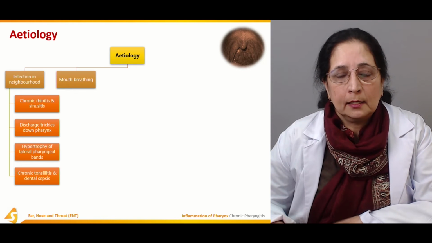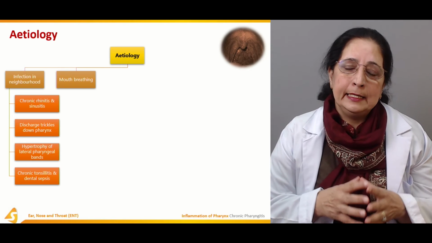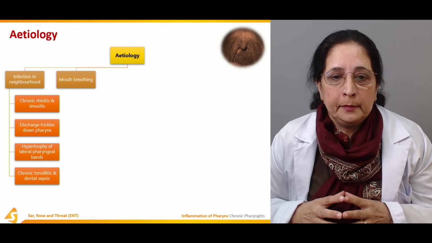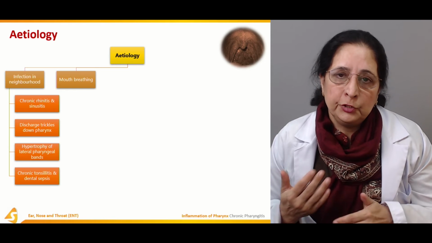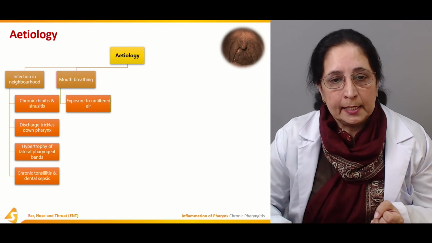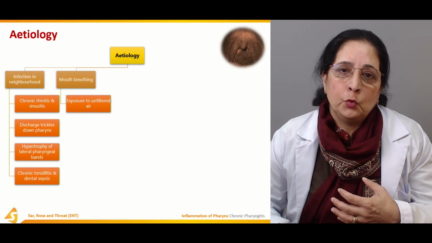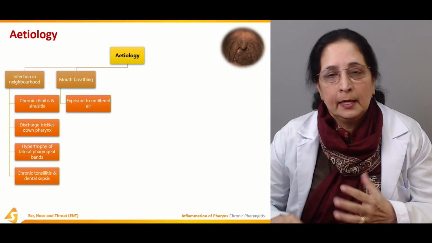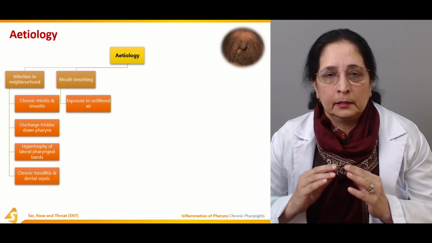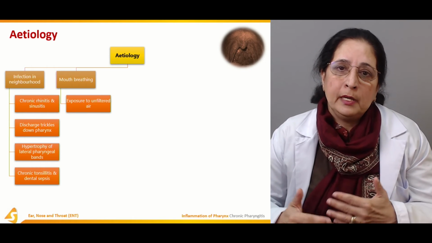Mouth breathing occurs with chronic pharyngitis. With all these causes that lead to chronic pharyngitis, there is a problem in breathing, so patients usually try to breathe by the mouth. Mouth breathing exposes the person to unfiltered air. Our nasal cavity has the ability to filter the air we breathe.